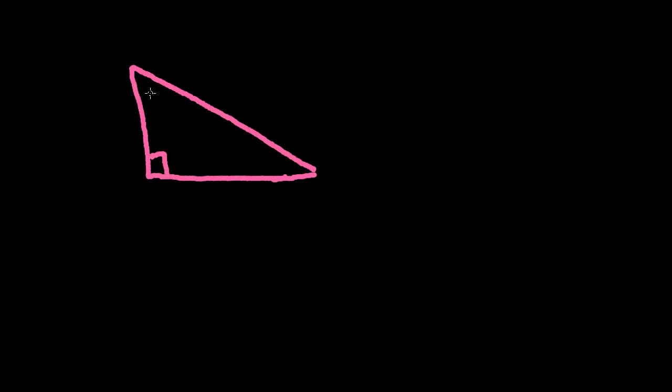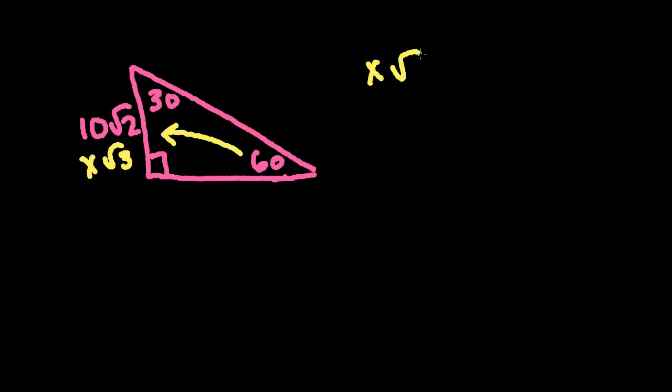Let's see, we're going to put the 30 here and the 60 here, and we're going to say this is 10 square root 2. So the side that I gave you is the x square root 3 side, because he's opposite the 60. So I have to say x square root 3 is equal to 10 square root 2.